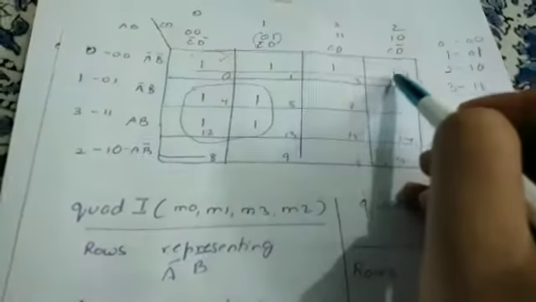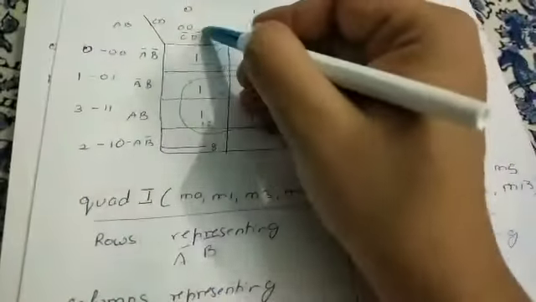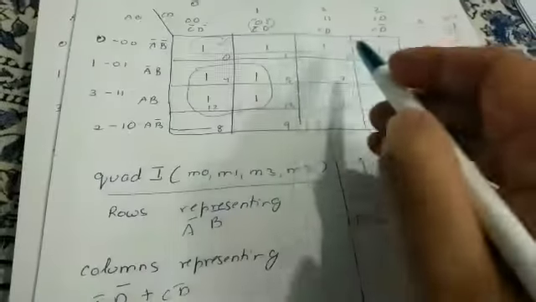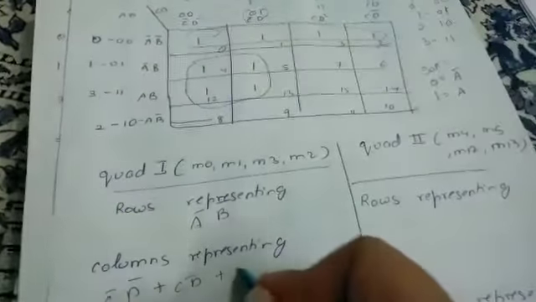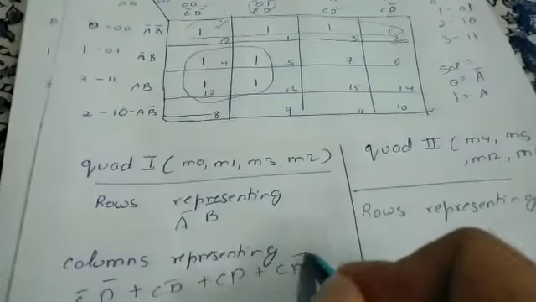Now what are the columns representing this entire quad? There are 4 columns here. So you write here C naught, D naught, that's the first. Then you have C naught D, plus C D, the third one, and lastly plus C D naught.